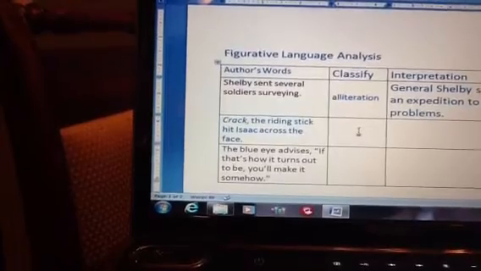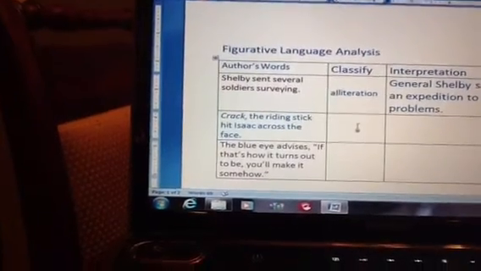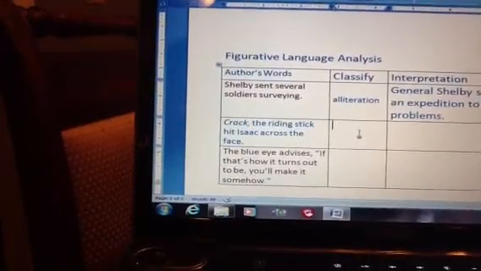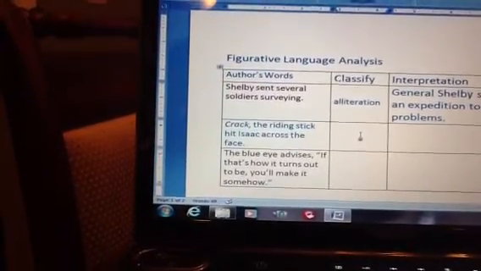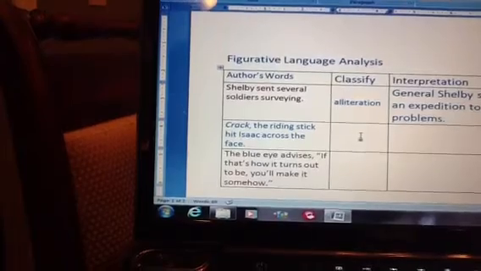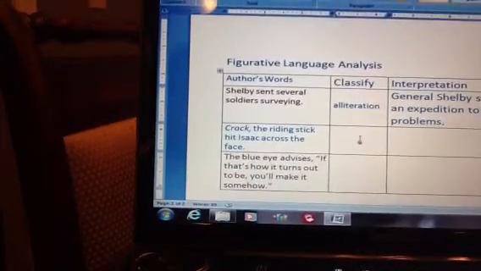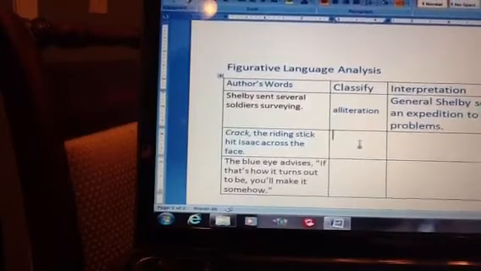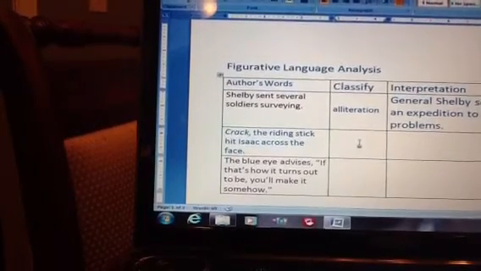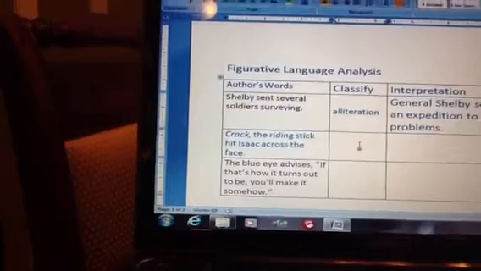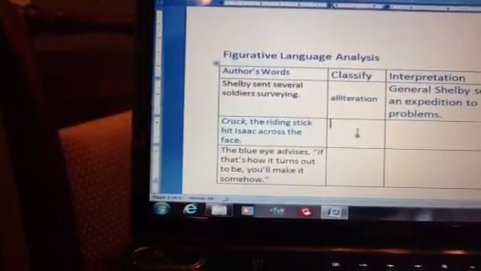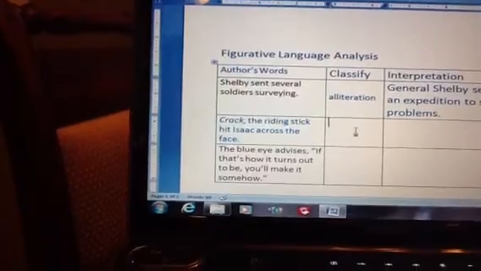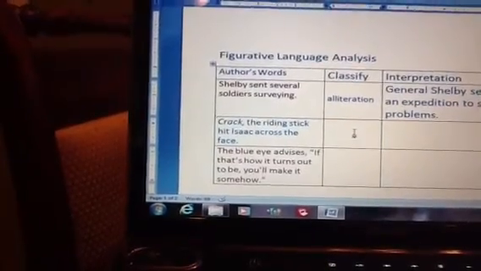Sometimes an author does it in the sense of making a strong statement to make the sentence pop from the page because the author of the narrative text is trying to tell the reader this is important information. I have written this in such a manner that I am trying to send a message to you. So when I see the words Shelby sent several soldiers surveying, this must be an important portion of the text.